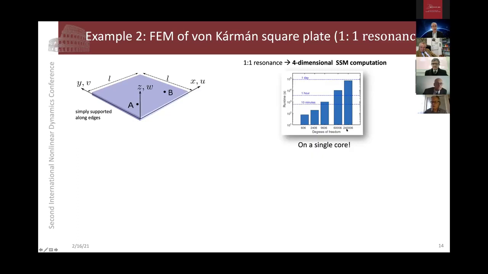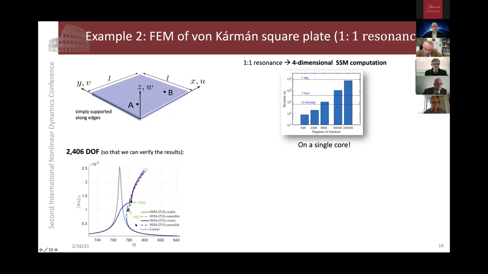Again, we're talking about 500,000 dimensions. And then you get as an output the force response curve, again, near the first frequency. The dotted one is the linear. The red one is the order 3 calculation. Order 5 doesn't differ much. So basically, that's justification that in this particular problem, you could have stopped there.